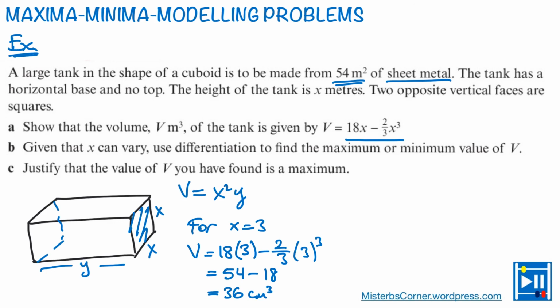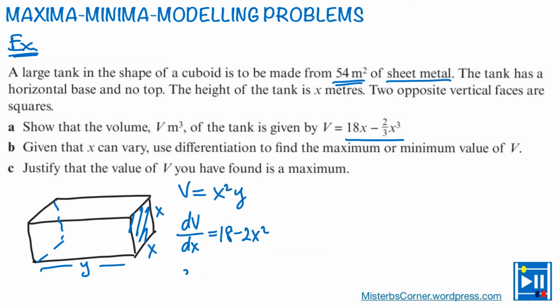For part C, we have to go through the second derivative of volume. And when we substitute x equals 3 into the second derivative, if we find a negative value, then the volume is maximum. If we find a positive value, then the volume is minimum. So the second derivative of this volume is minus 4x here.